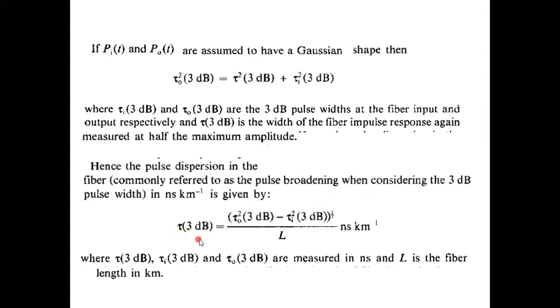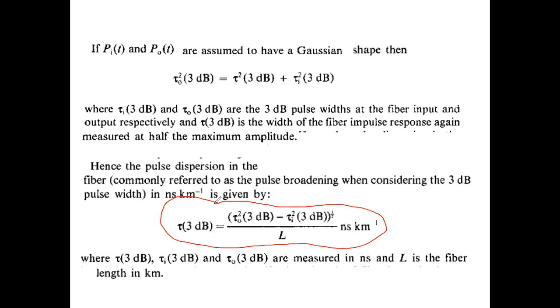So tau of 3 dB is given by this, which is the formula to calculate it. And remember, this is a totally different formula, because it came from this measurement setup. The earlier numericals which we had done were based on the fiber parameters: the core radius, cutoff wavelength, the refractive index profile, that is delta.